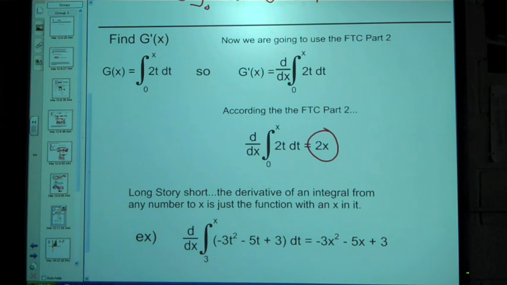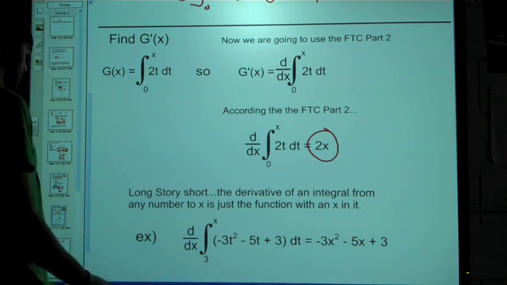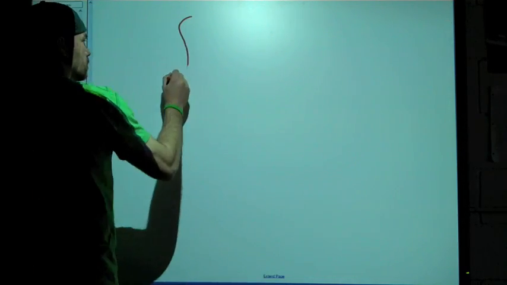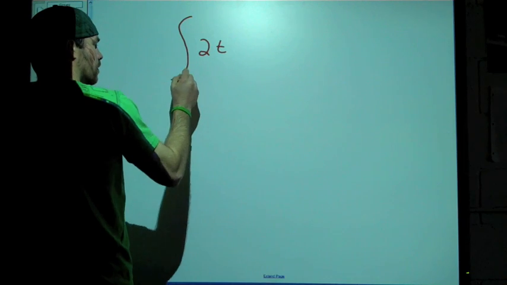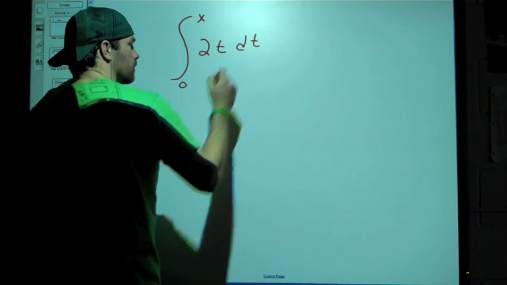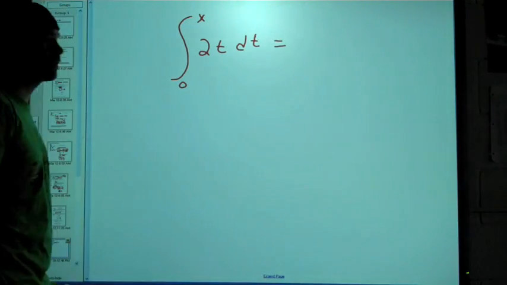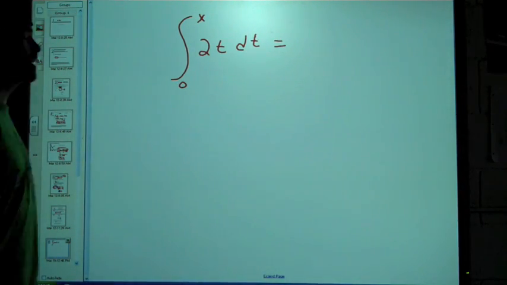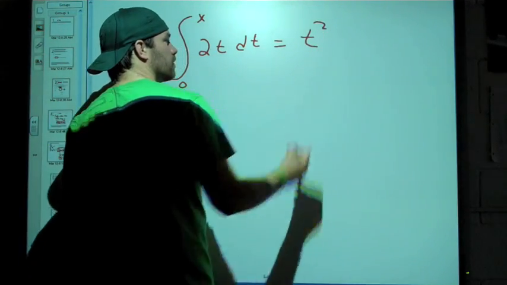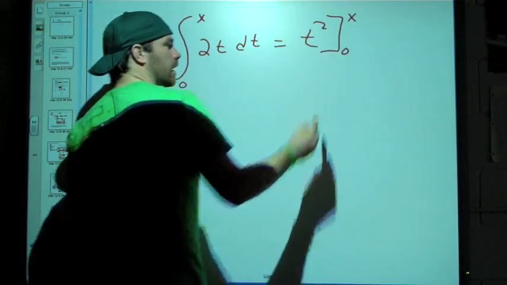Okay, let's go through those steps real quick right now. So if I have 2t from 0 to x, I know that this is the same as, using the first fundamental theorem of calculus, the antiderivative from 0 to x.